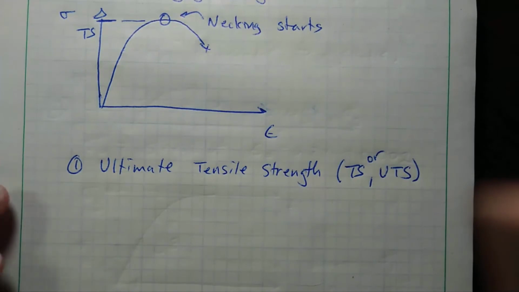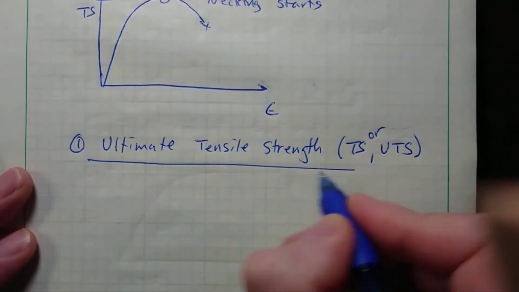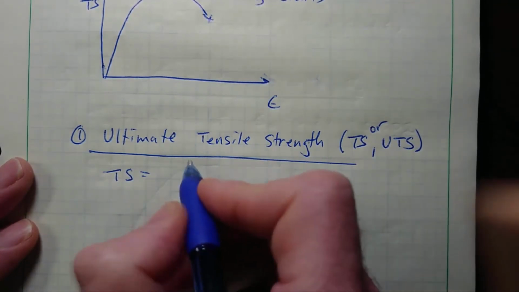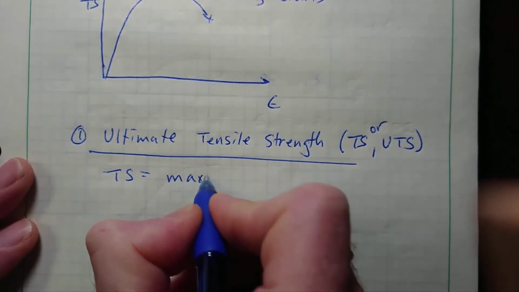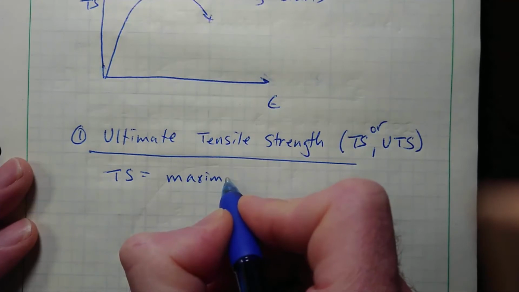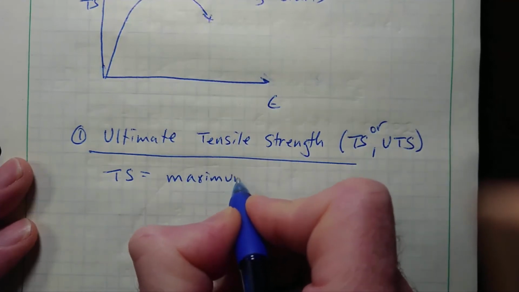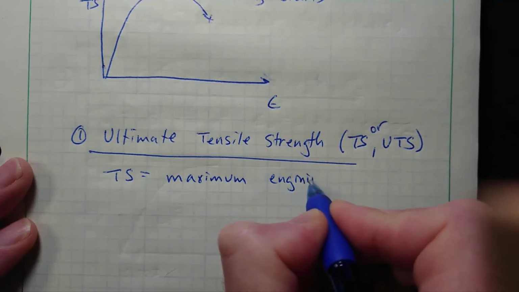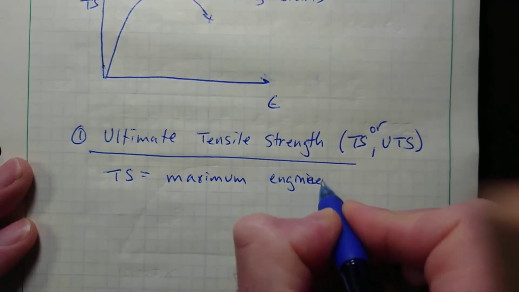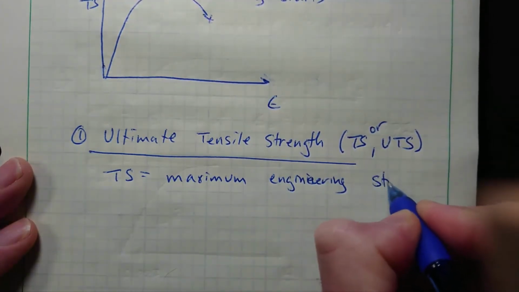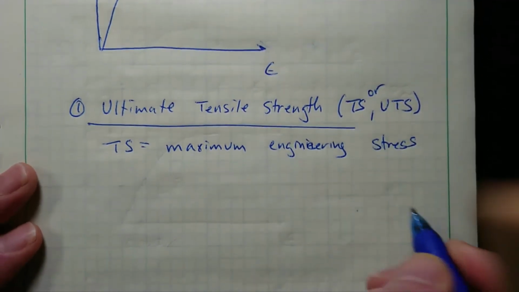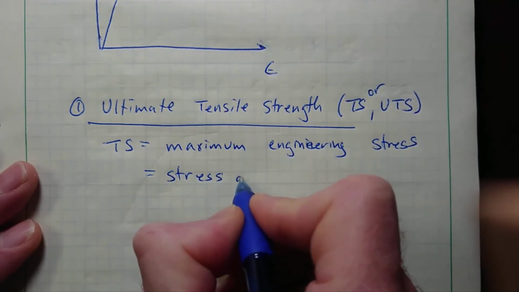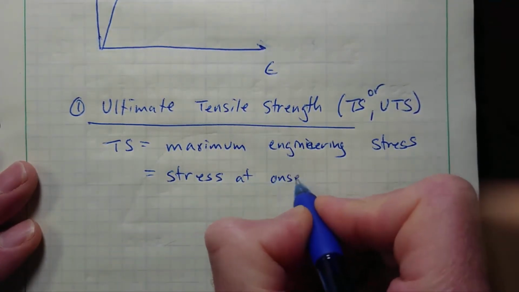But tensile strength works good. That's a material property. And tensile strength is the maximum engineering stress, and it corresponds to the stress at onset of necking.